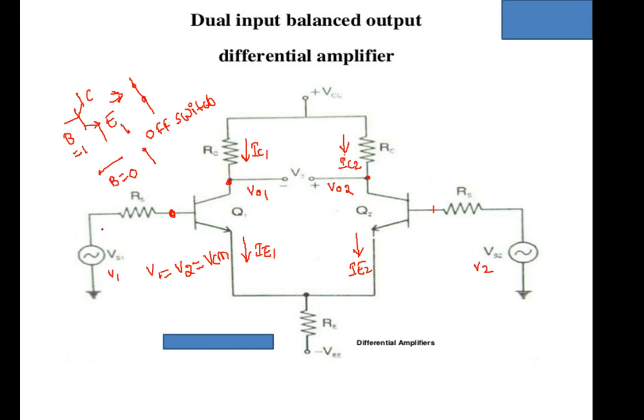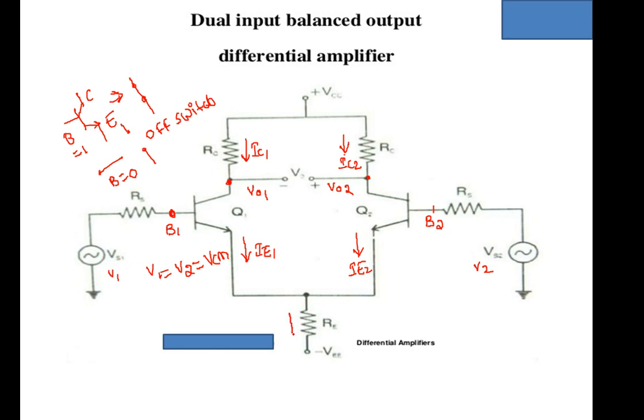So here I am applying voltage at the transistor Q1, that is at base 1, and here also I am applying voltage at base 2. So these two transistors act as on switches because the collector and emitter terminals are short circuited.